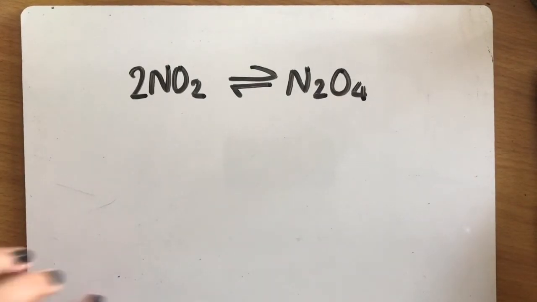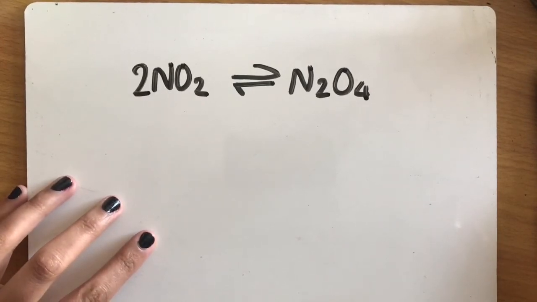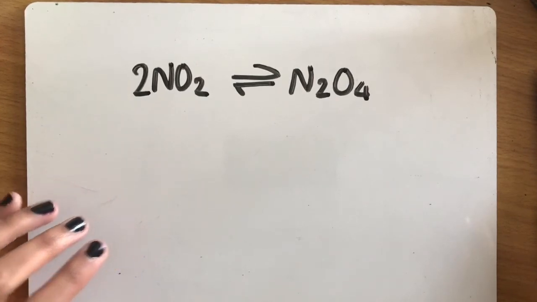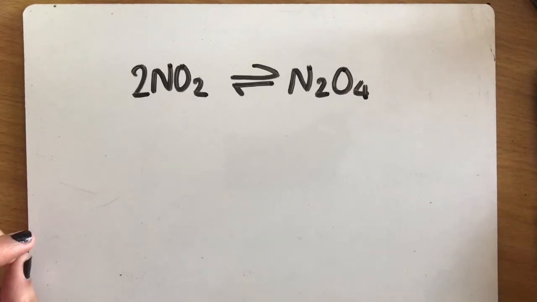Okay, so multiple choice question 6. A pale brown mixture of NO2 and N2O4 is allowed to reach equilibrium in a sealed gas syringe according to the following equation. When the plunger is pushed further into the syringe, the pressure increases and the mixture becomes paler in colour. When the syringe is placed in a hot oven, the mixture becomes darker in colour.